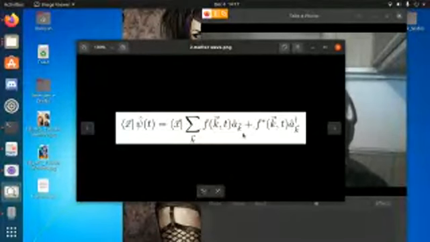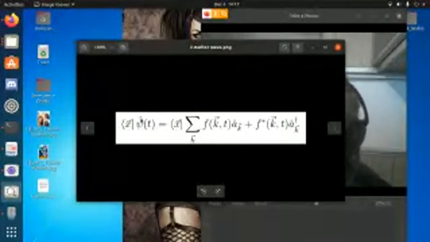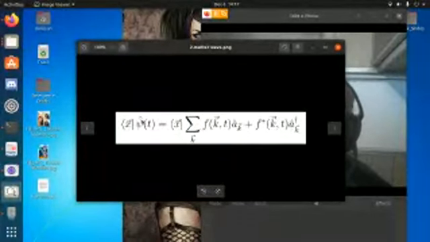You're destroying with the a, and creating with a dagger at that frequency. And then I put a hat on the side to indicate that this is an operator instead of a wave vector, mostly because you'll notice I left the ket off of the equation here.